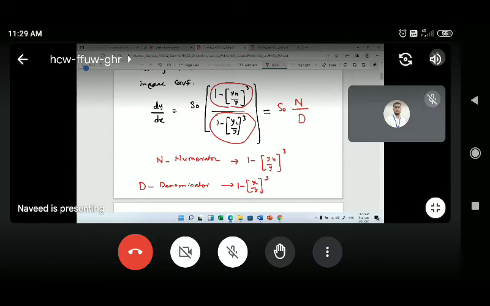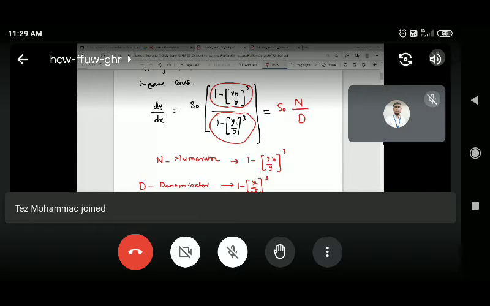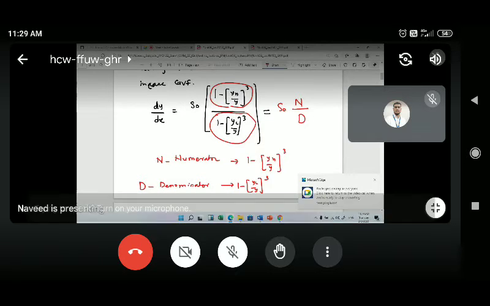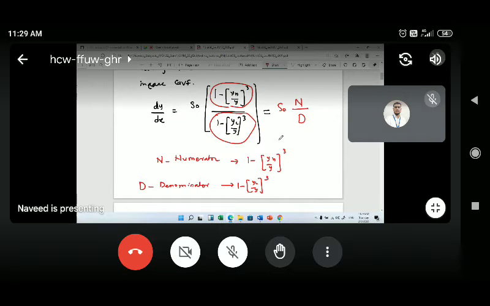So dy by dx is S0, the bed slope, times N by D.